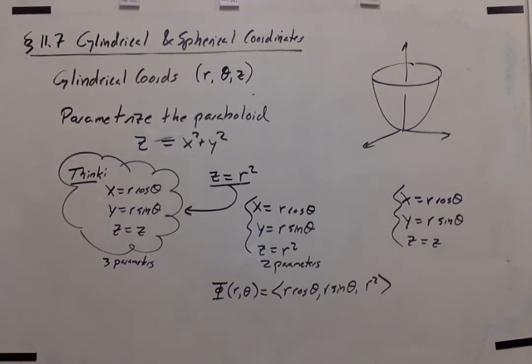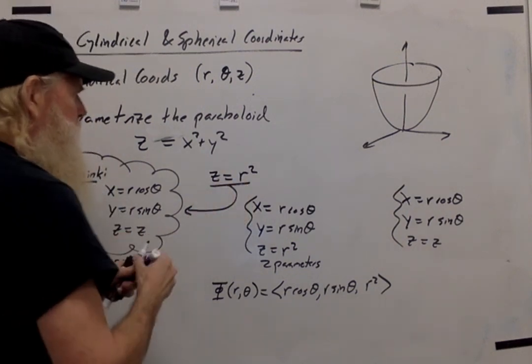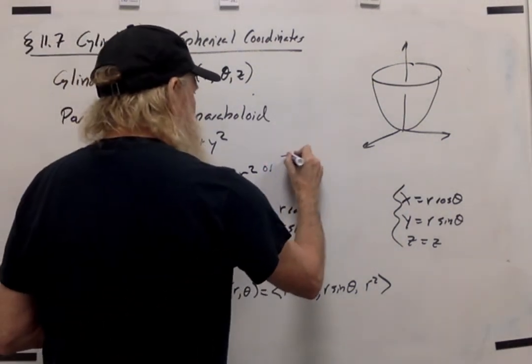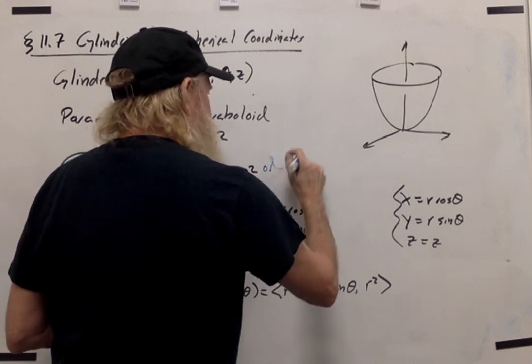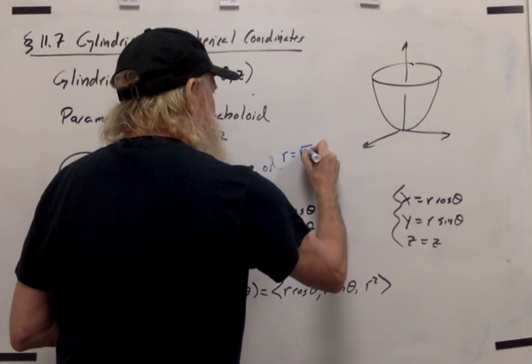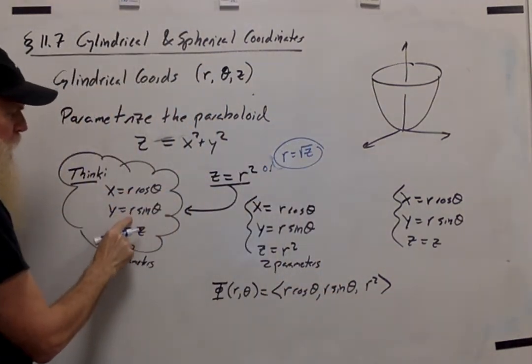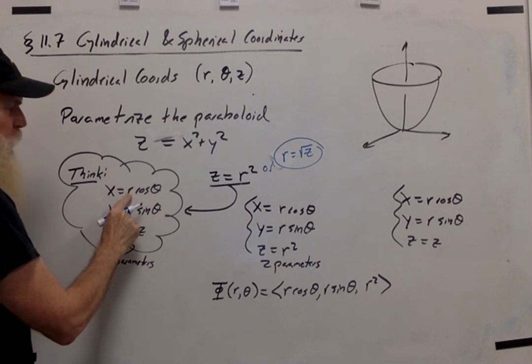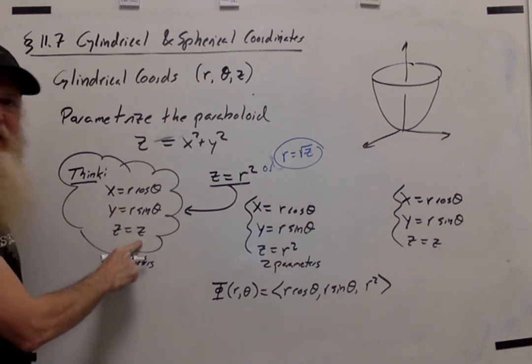Now this was not the only way of doing this. Another possibility would have been to say that r is equal to the square root of z. And I could have replaced the r with square root of z so that I had square root of z cosine theta, square root of z sine theta, and then z.